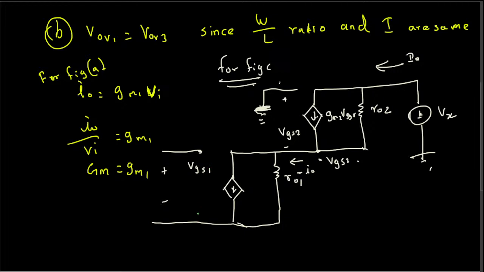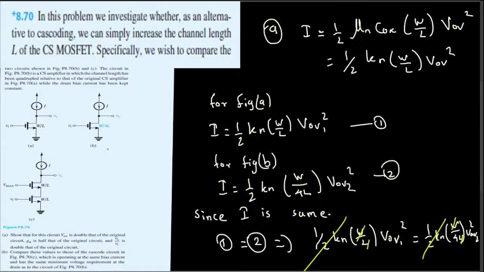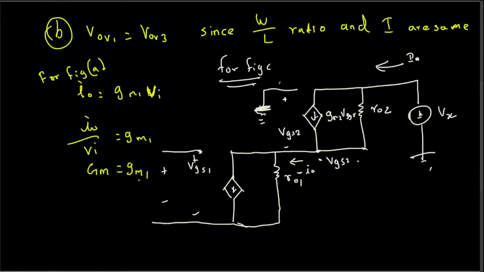The input voltage is also right here, so we can put Vi over here, and Vi and VGS1 are in parallel, so we can say VGS1 is equal to Vi. If you have parallel voltages, all of them are the same. So we can say either Gm VGS1 or Gm Vi; both of them work, and this one is connected to the ground.